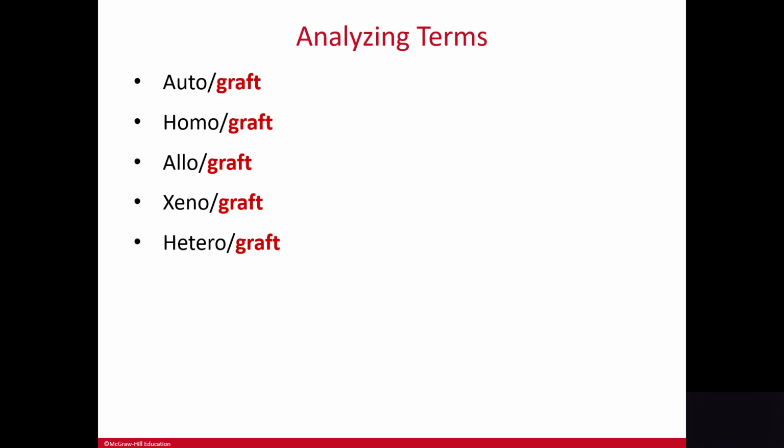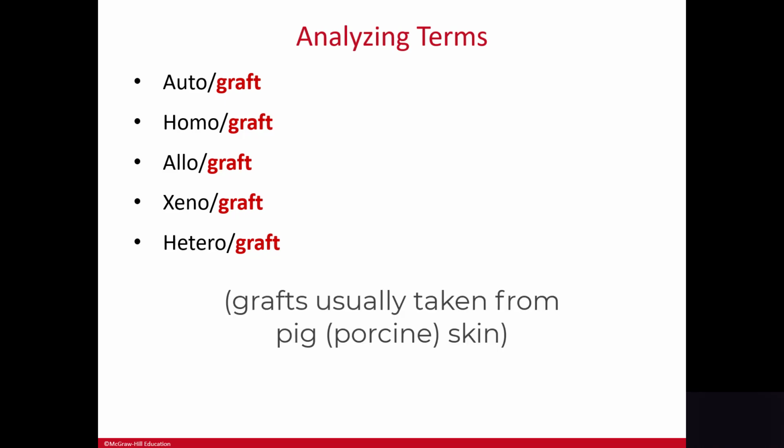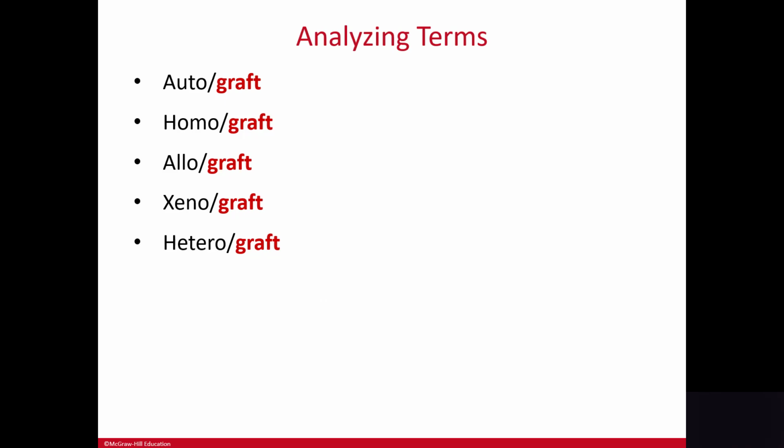Usually it's a pig. Pig skin or porcine skin is very much like human skin, and they transplant very well. So xeno means foreign, hetero means different. Again, graft means transplant. So it works very well to replace the skin in burn patients.